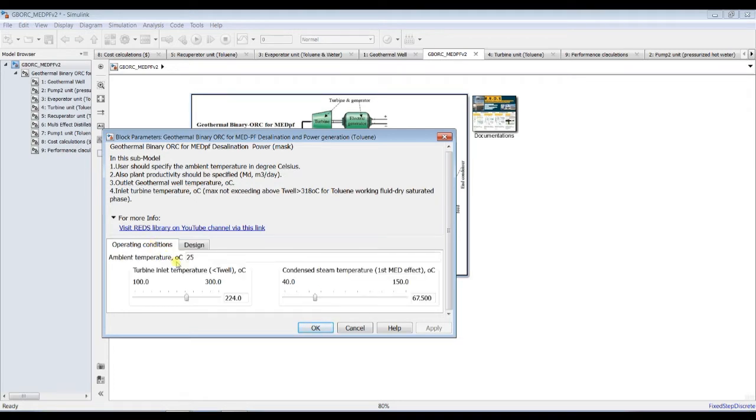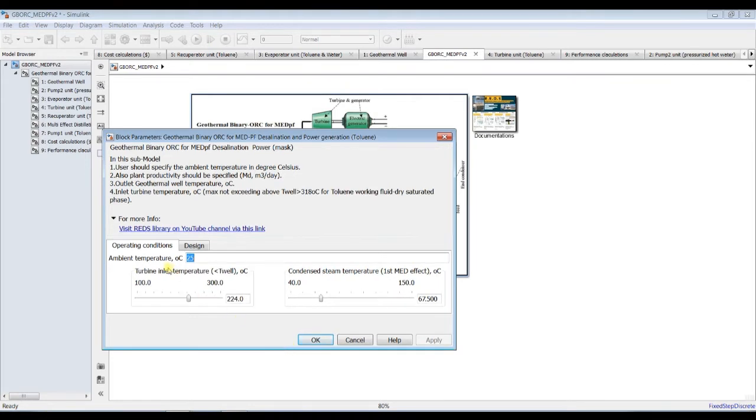And we can go through operating conditions such as ambient temperature and inlet turbine unit temperature. Suppose I need 168, 200, it's up to me. The outlet temperature should be lower than the well temperature, because the well temperature is the main source of steam. And we have condensed steam.